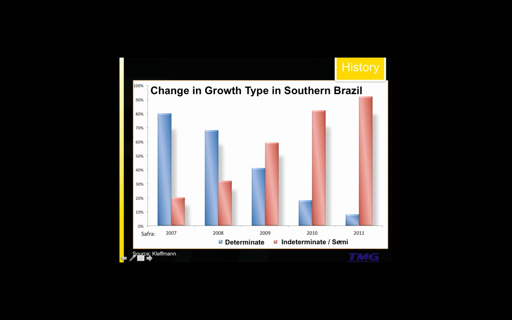Okay, so we are going through a process where we are learning to work a little bit with the long juvenile trait, different amounts of long juvenile trait on indeterminate and semi-determinate backgrounds.